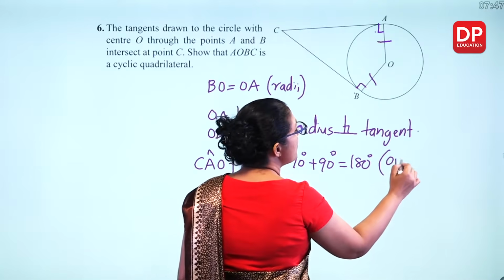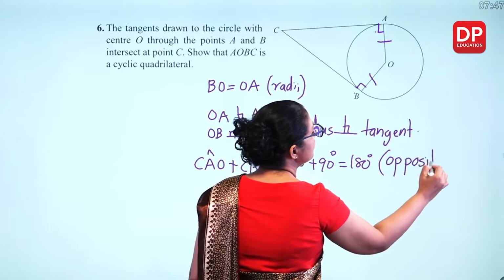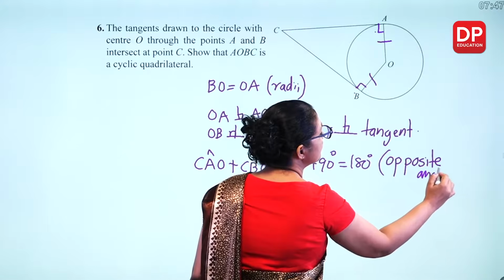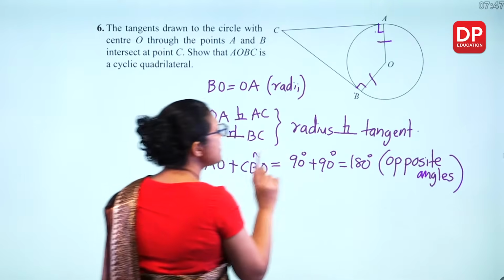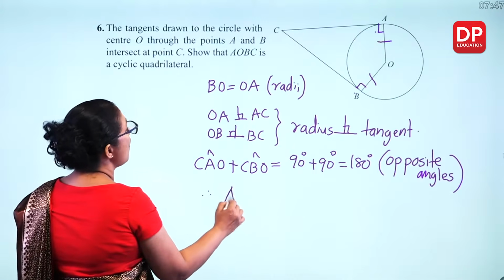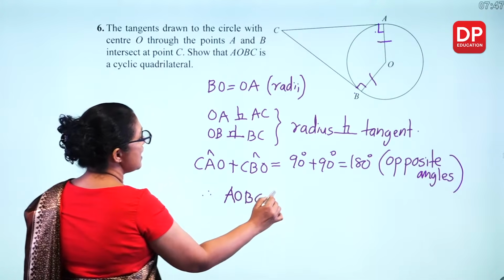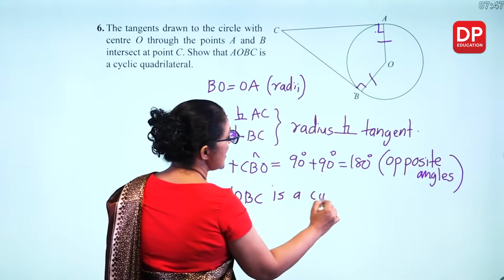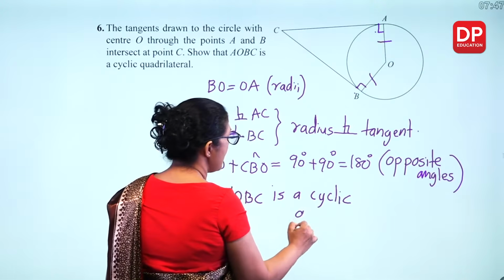Those are opposite angles. So opposite angles adding to 180 means AOBC is a cyclic quadrilateral.